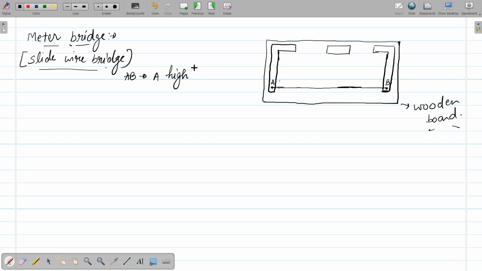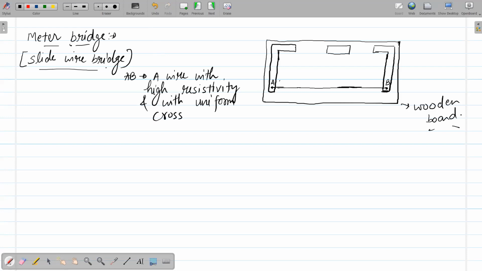AB is a high resistance wire, or let me put it like this: AB is a wire with high resistivity and with uniform cross-sectional area.